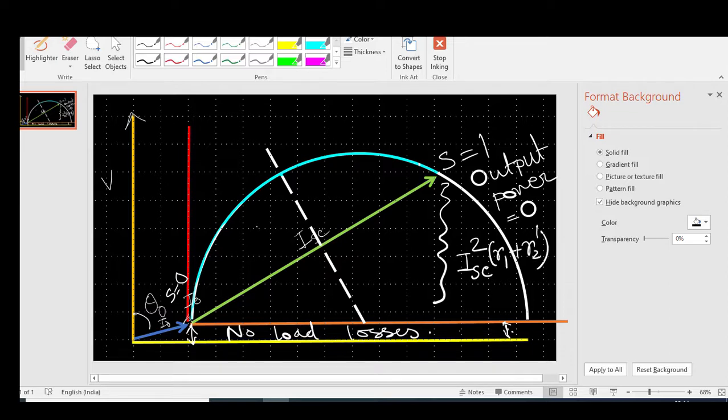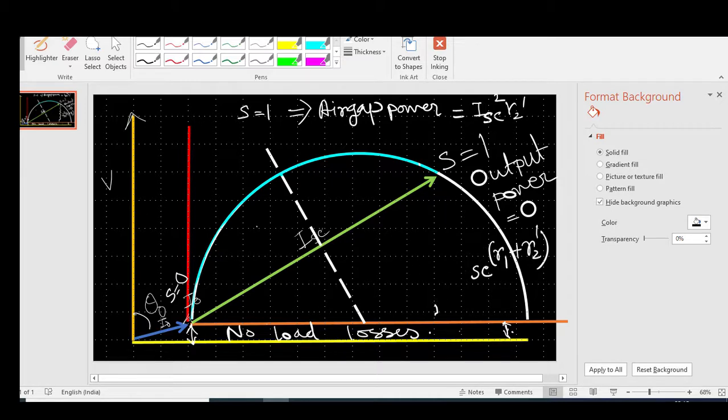At that time there was no output power, and in the standstill condition the total air gap power was absorbed by the rotor resistance. In short, for S is equal to 1, your air gap power is equal to I_SC squared R2 dash.